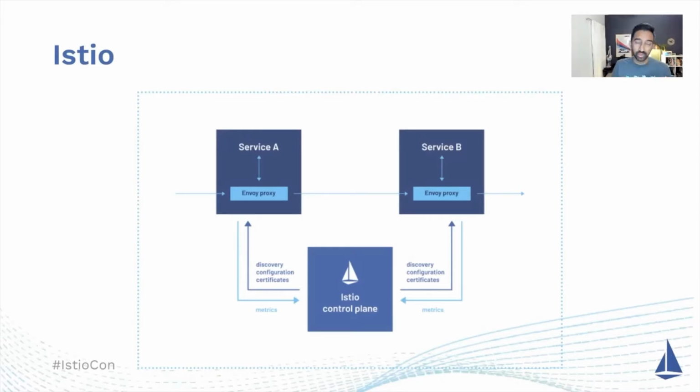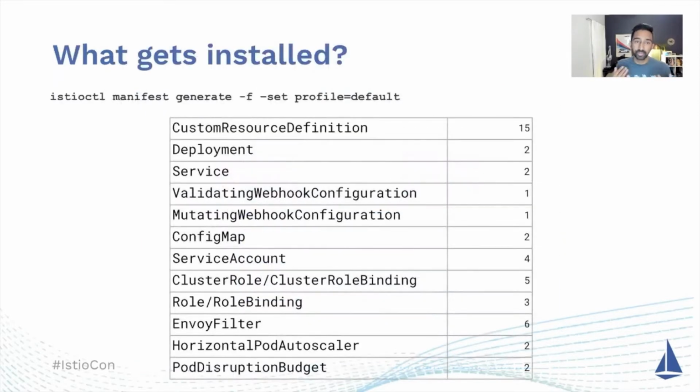So the first thing you should do is try to understand the pieces that Istio is installing. This will help you understand exactly what's going on in the upgrade and make it less intimidating.